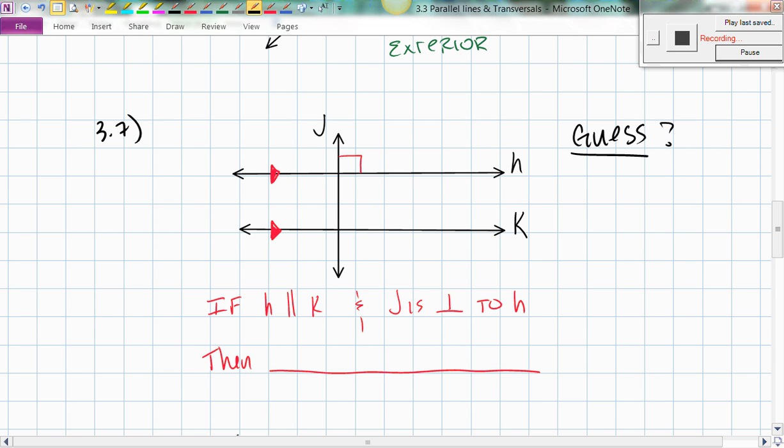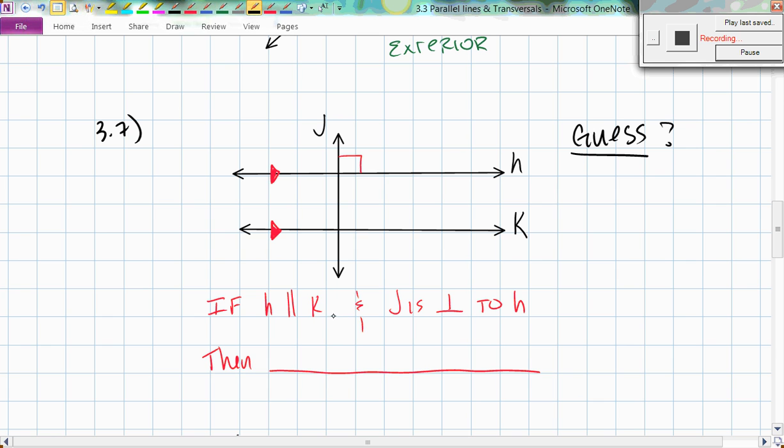Theorem 3.7, right? Here's the setup. I'll read it to you. It says, if H is parallel to K, so here are my 2 lines, H and K, and line J is perpendicular to H, then blank. See if you can fill it in.